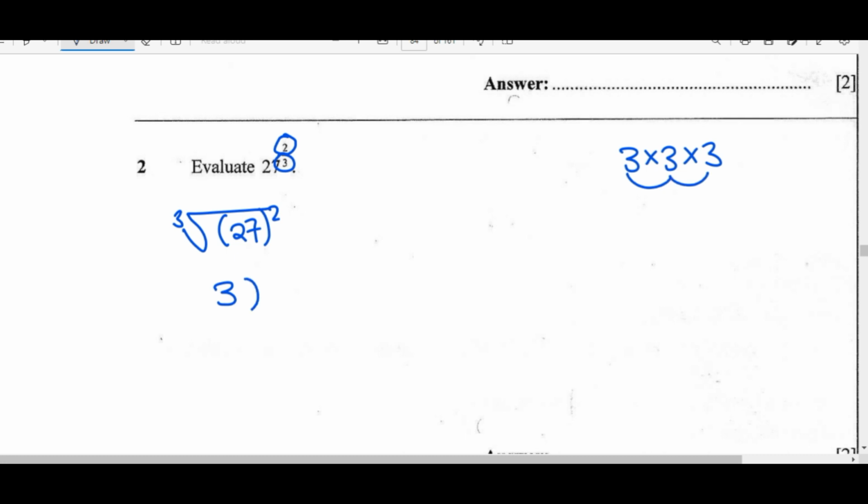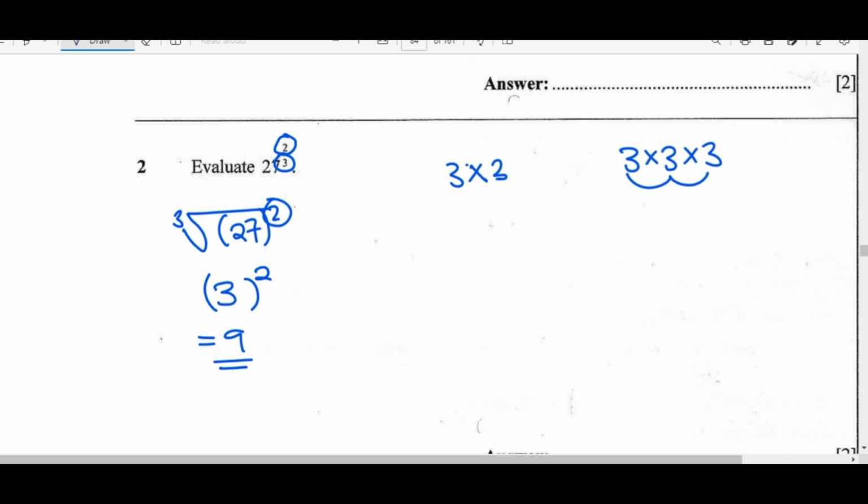Then in brackets you put the 2, so it will be 3 times 3. The answer here is 9. This is the first method that you can use.